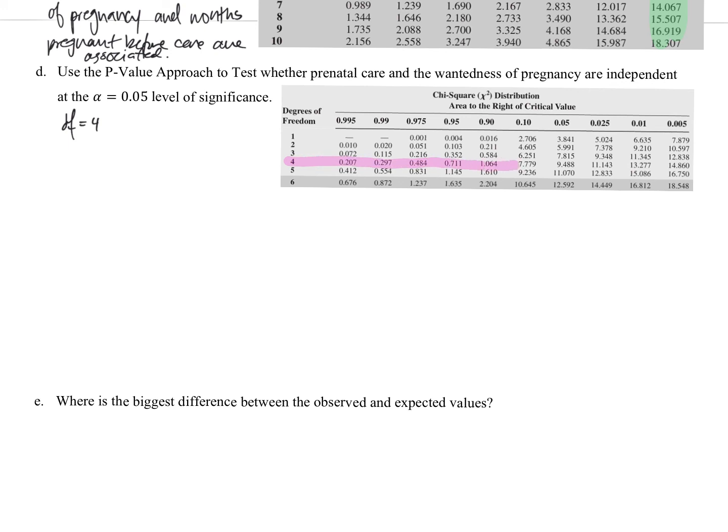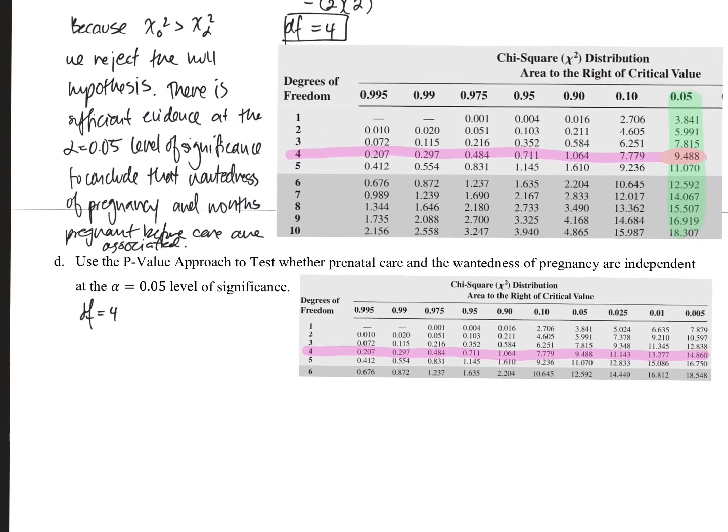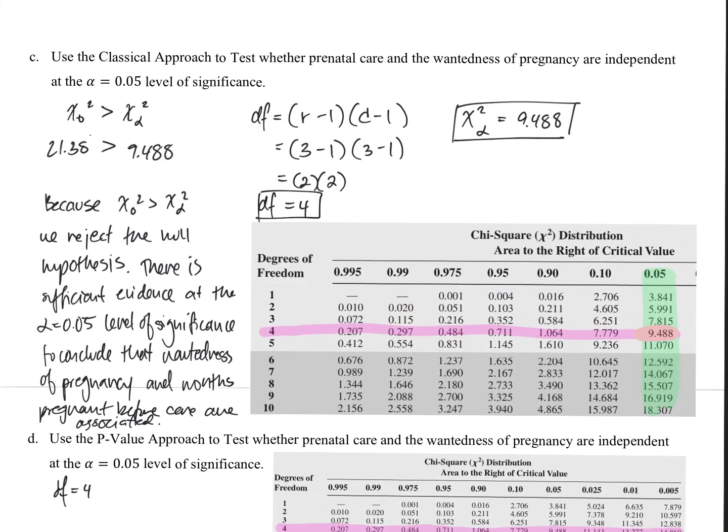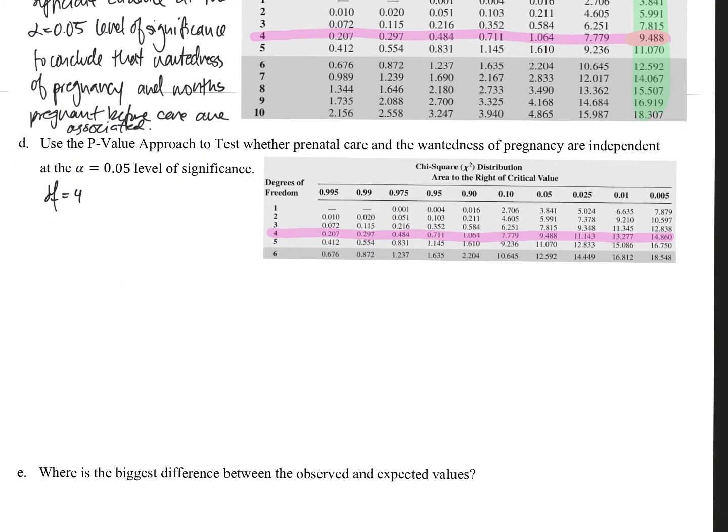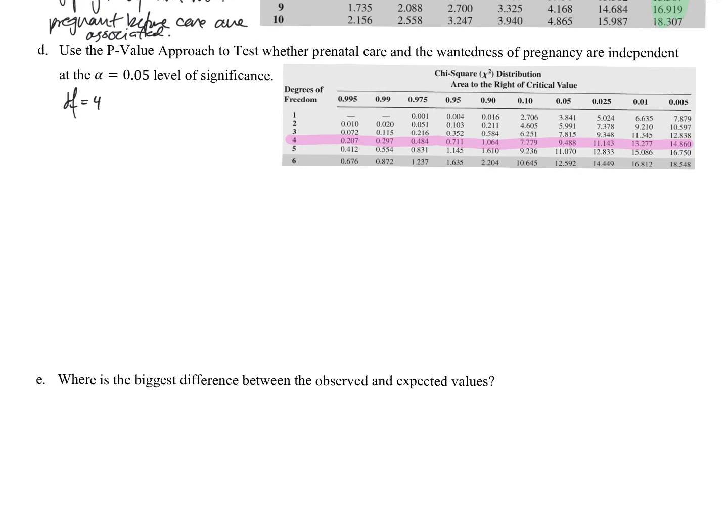And in this degree of freedom, we are going to look for the p-value closest to our test statistic. Remember our test statistic was 21.38. So in actuality, it is bigger than what we have in our chart. So we're just going to pick the closest value we see, and our closest p-value is going to be 0.005.